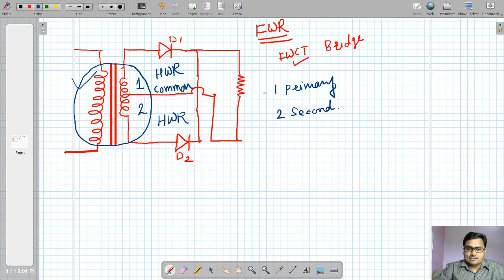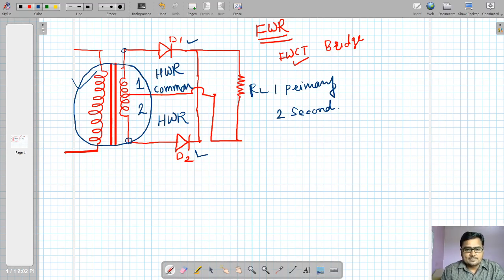At the output I have connected one resistor, which I will call the load resistor. In this circuit we have two diodes. The upper diode I will name D1 and the lower diode D2. The cathodes of both diodes are connected to each other, but the anodes are connected to two different ends of the center tap transformer.